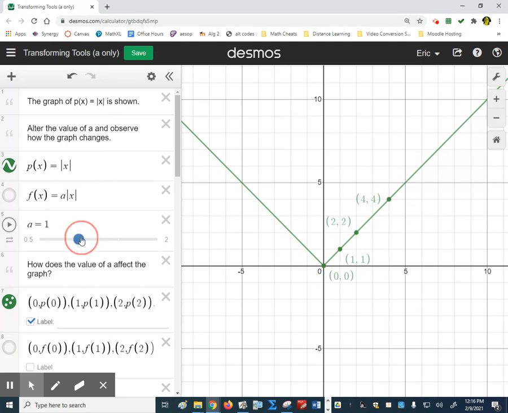What if a is 2? So I'm going to graph the function f of x equals 2 times the absolute value of x. What's that going to do to the function? Try to describe it for me. Make your guess. Well, we haven't learned this yet, so this is a guess. What do you think that's going to do?